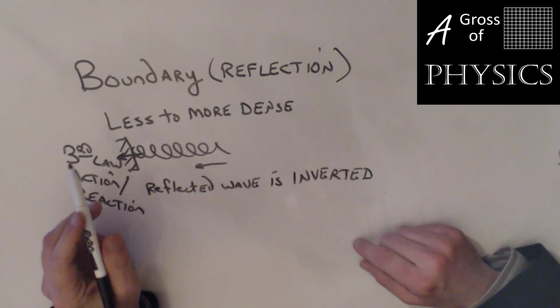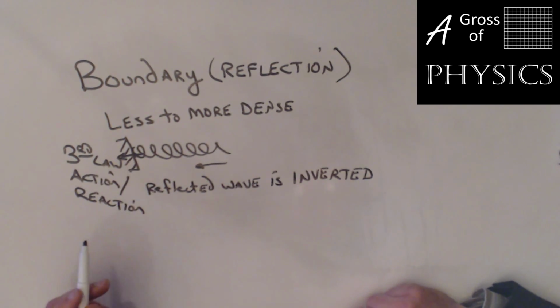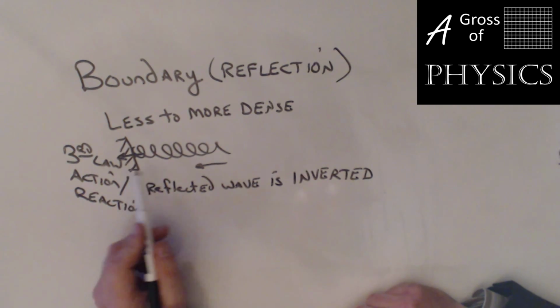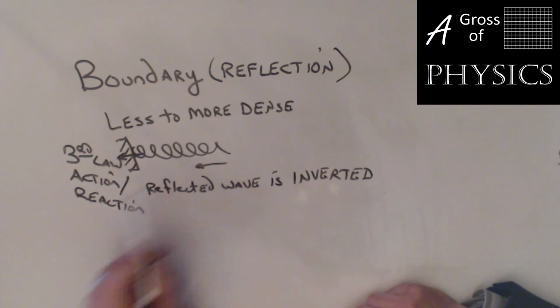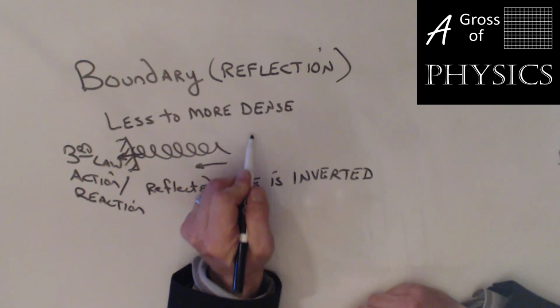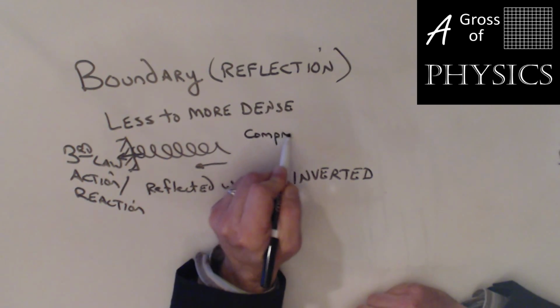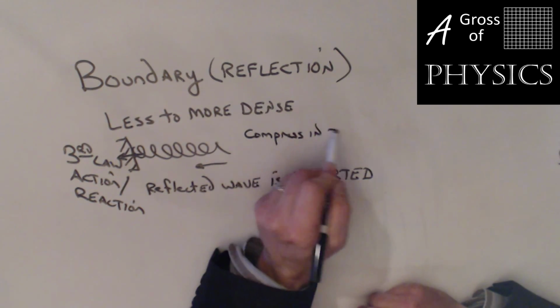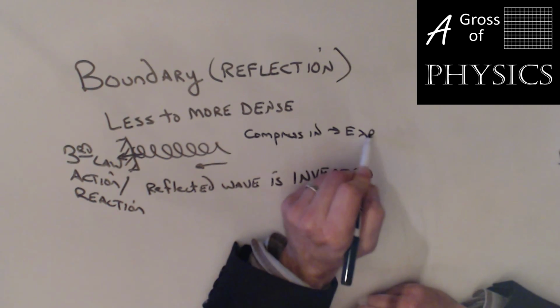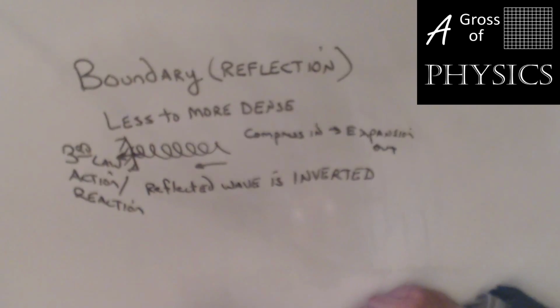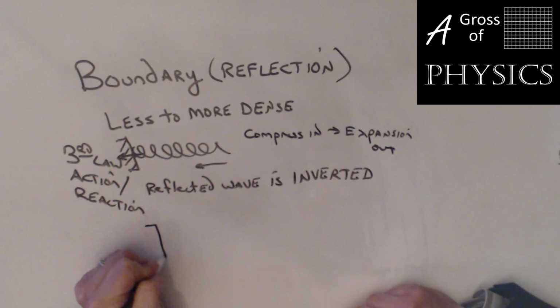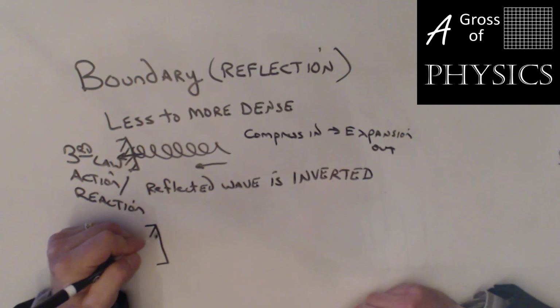So the wall doesn't like getting pushed around, so it's going to push back. And instead of a compression at the wall, the resulting wave going backwards is going to be an expansion. So we would have compression in and expansion out. If we had a transverse wave, it would look a little different.